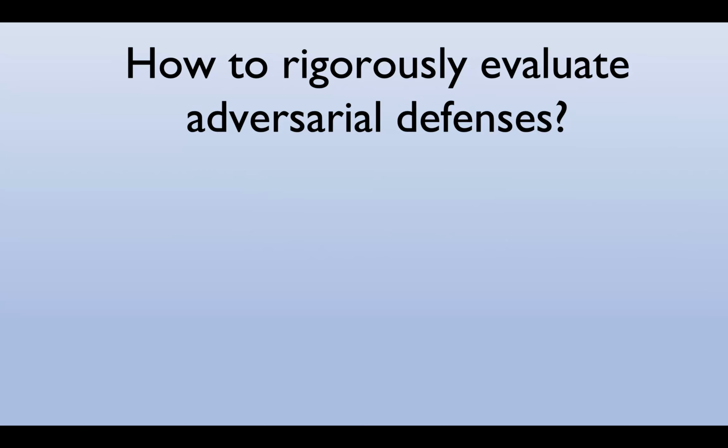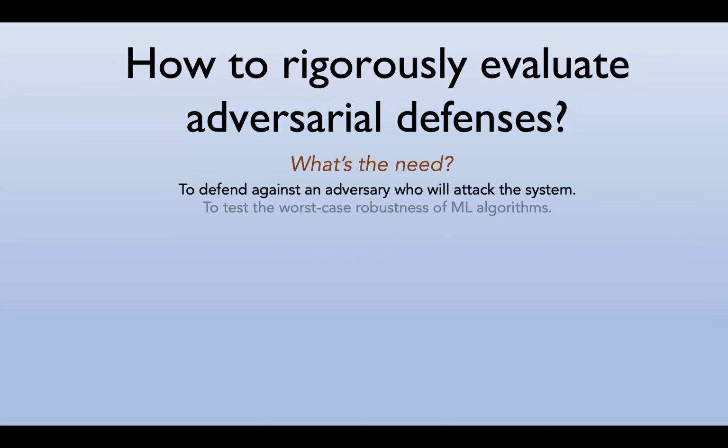Now let me talk about adversarial defenses and how we rigorously evaluate them, because as I've mentioned, many adversarial defenses have been broken, many of them even within days or months of their launch. So it's very important that we are working towards rigorous evaluation of these adversarial defenses. And luckily, the community has advanced and has come up with some best practices that people should follow.